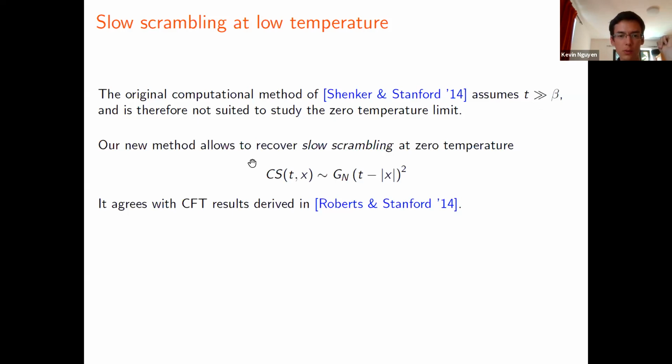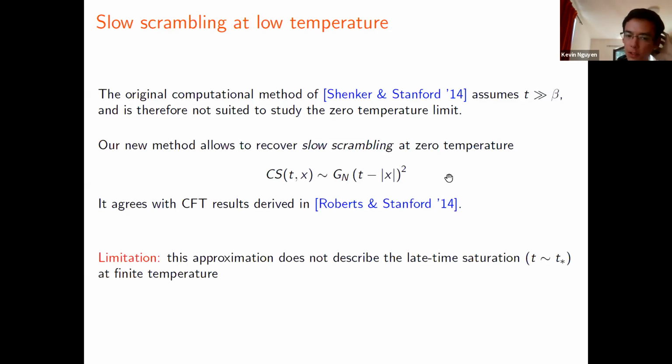And what you find using this alternative formula is a quadratic growth instead of an exponential growth. There is no temperature, so we don't expect exponential growth, but we find instead this quadratic growth. In fact, it agrees with results derived by Roberts and Stanford using CFT computations. So with this new method, we can make contact with this so-called slow scrambling at zero temperature.